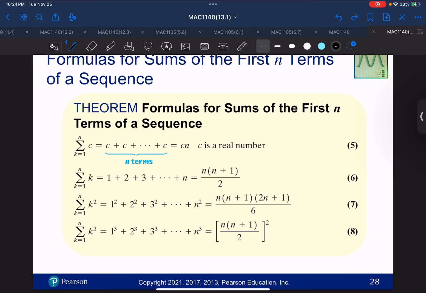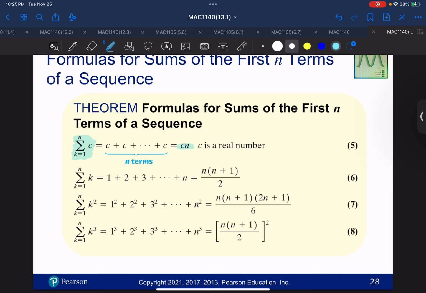I'm sorry, I meant to say finite, not infinite. If they're finite, then instead of writing down all the entries in the sum, we can use the formula to find the answer to the summation. So the first one says that the summation of a constant c, starting with k equals 1 going to n, is just equal to c times n, because of course we'd just be adding c n times.